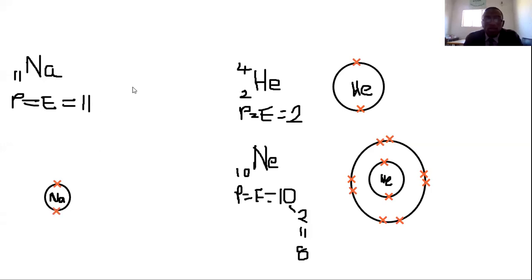Subtracting the 2 from the 11, we'll have a remainder of 9 electrons. Now in the second shell, we know that the second shell can hold the maximum of 8 electrons, and it's possible to get 8 from the 9. Therefore, we'll put the 8, 1, 2, 3, 4, 5, 6, 7, 8.